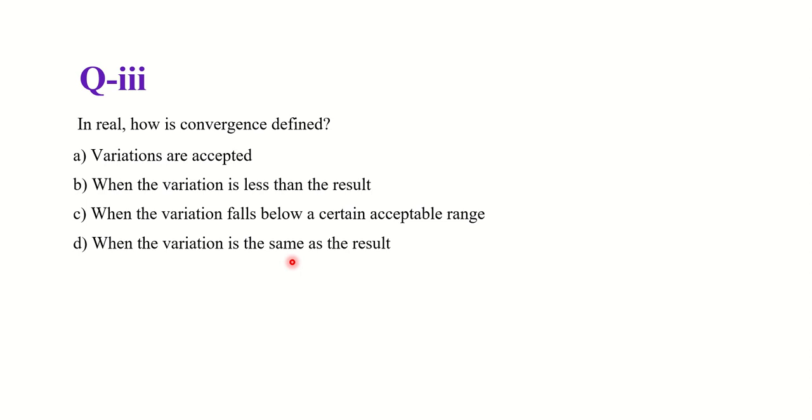There should be some value below which the variation would be accepted. It should not be less than the result, it should be less than some tolerance value. Variation falls below a certain acceptable range, this is the answer. When the variation is the same as the result, that also won't be possible. So the answer to this question is option C, when the variation falls below a certain acceptable range.